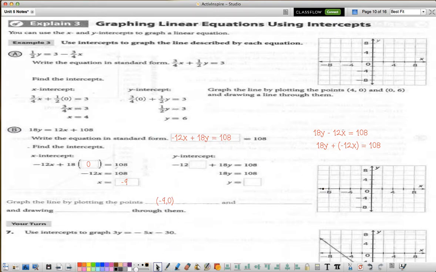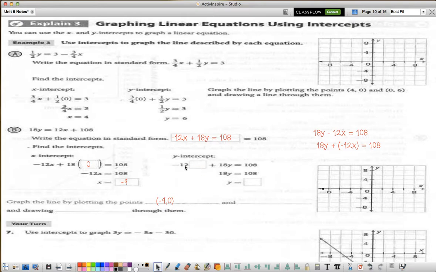So there's one point. Now, even though I don't know the slope, and I know we haven't talked about slope yet, even though I don't know the rate of change to help me graph, I can use the y-intercept. If I know 2 points on the graph, I can draw my line. You can always find 2 points by finding the x and y intercepts.